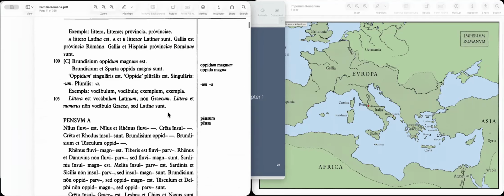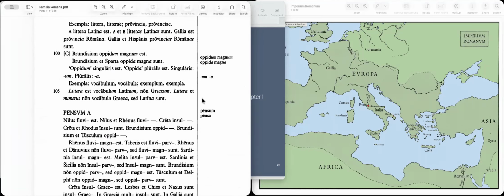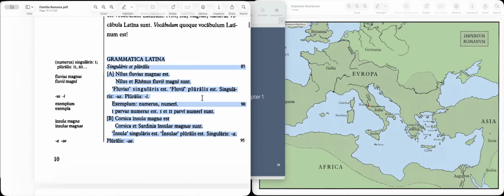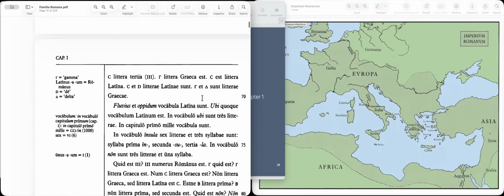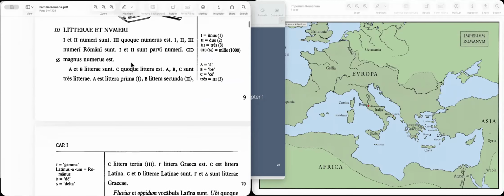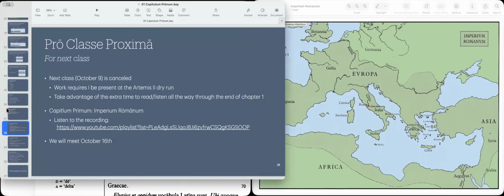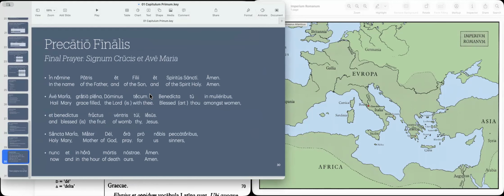There may be a lot of questions. But certainly the third section, go back and re-listen to the other two things, and we will meet October 16th. And now for our precatio finalis.